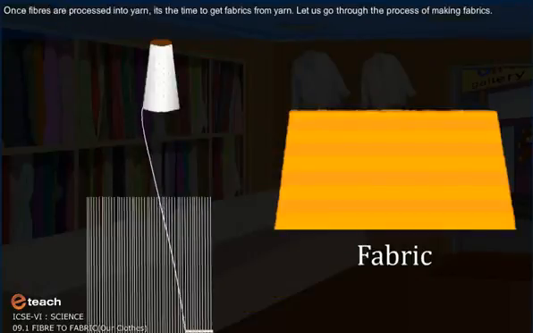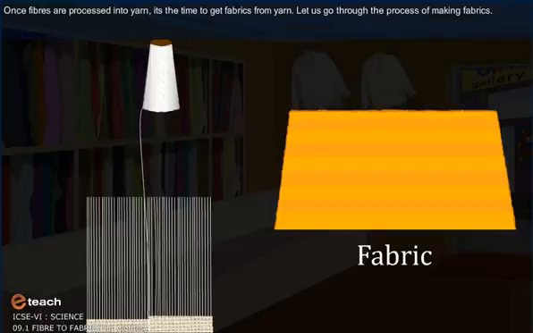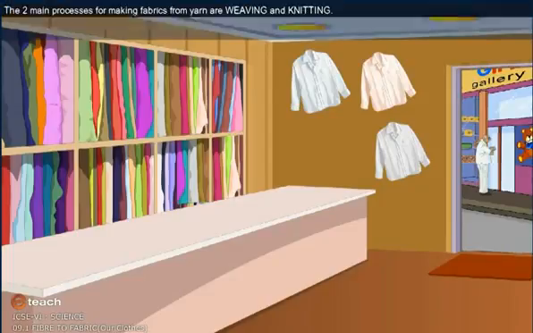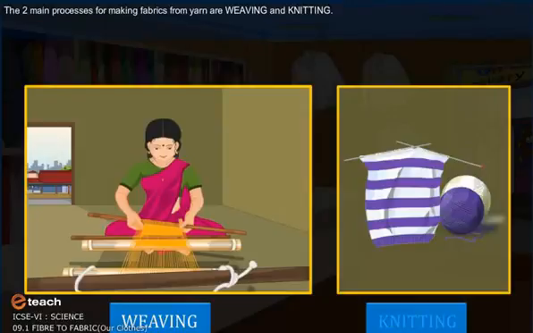Once fibers are processed into yarn, it is time to get fabrics from yarn. Let us go through the process of making fabrics. The two main processes for making fabrics from yarn are weaving and knitting.